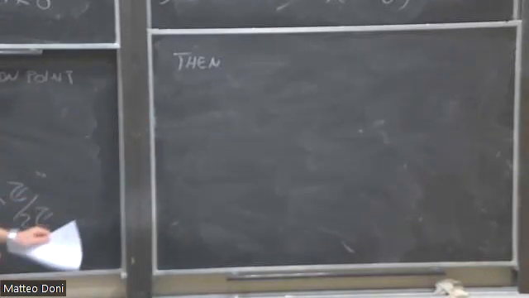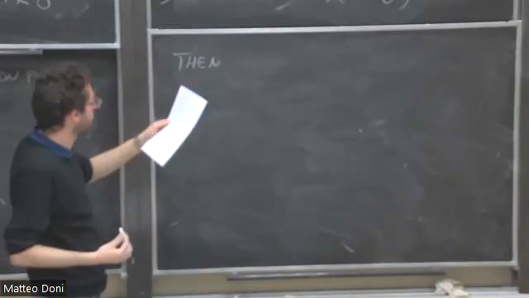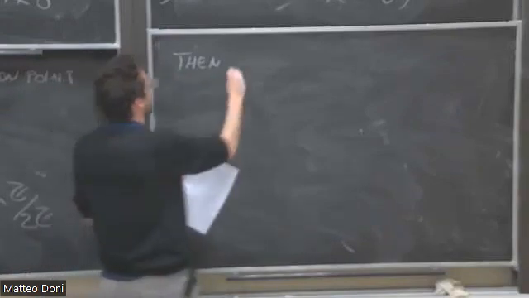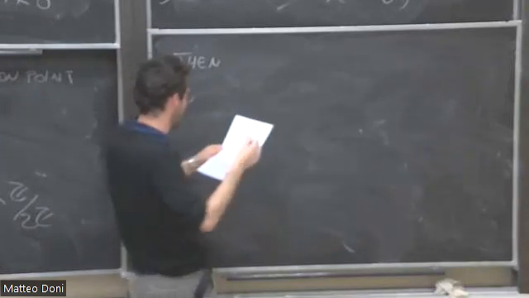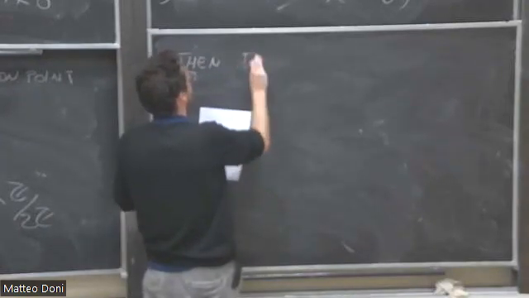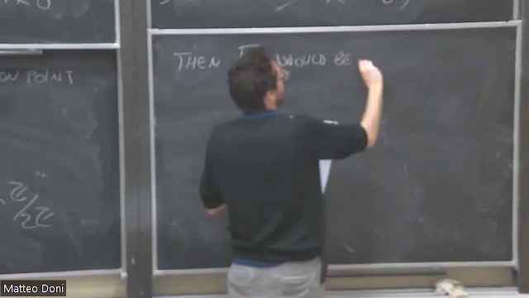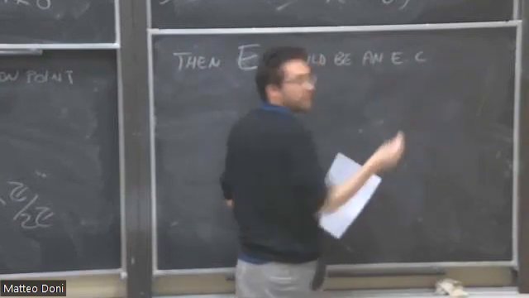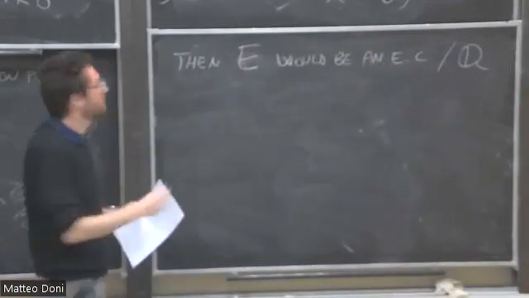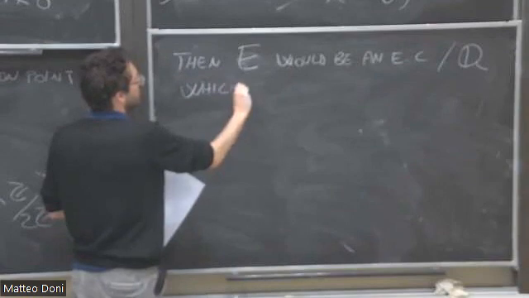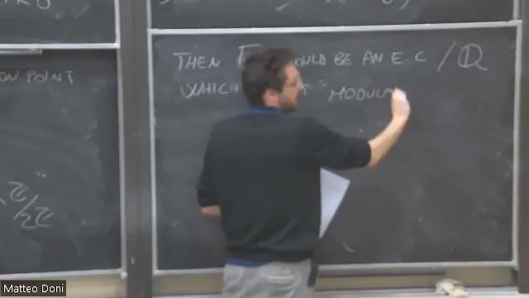Okay, I was saying that if I take this elliptic curve, assuming that this is a non-trivial solution, then for some technical reasons which are very difficult to explain, this curve E would be an elliptic curve defined over the field of rational numbers which is not modular.